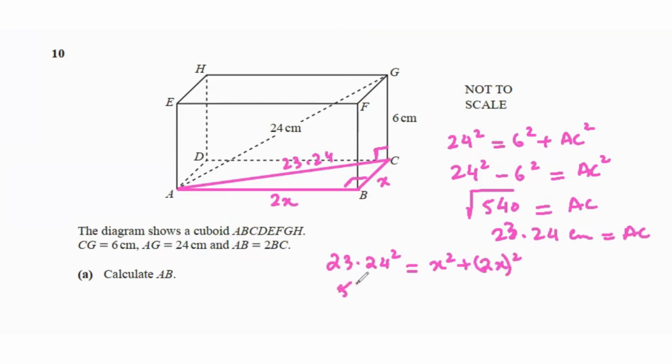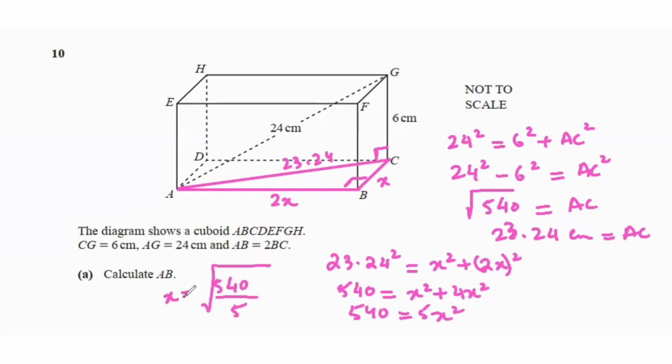That's going to be 540 equals X squared plus 4X squared, which is going to equal 5X squared. So 540 over 5 and square root is going to give us 10.4. That is your AB.